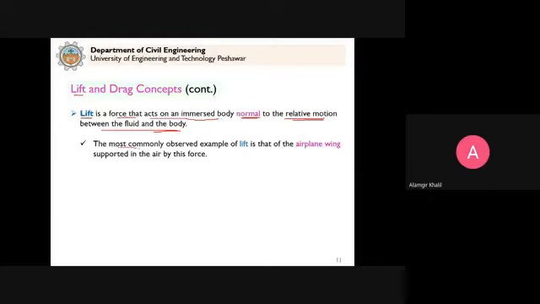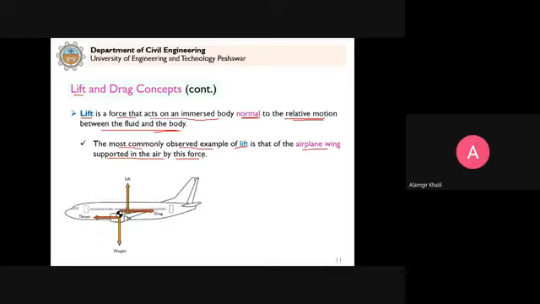The most commonly observed example of lift is that of the aeroplane wing supported in the air by this force. You can see here that four forces are acting on the aeroplane as it moves through the air.